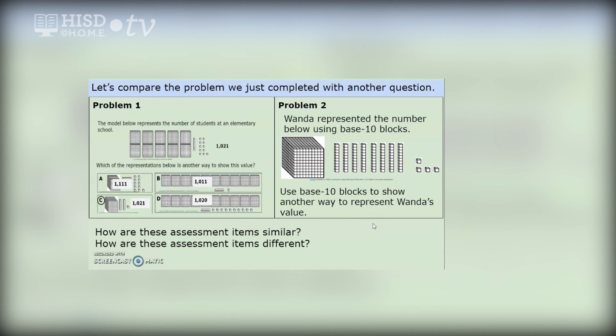Wanda represented the number below using base 10 blocks. She has 1 cube. She has 1, 2, 3, 4, 5, 6, 7, 8 tens, which is 80. 1, 2, 3, 4 ones. Use the base 10 blocks to show another way to represent Wanda's value. Let's continue.